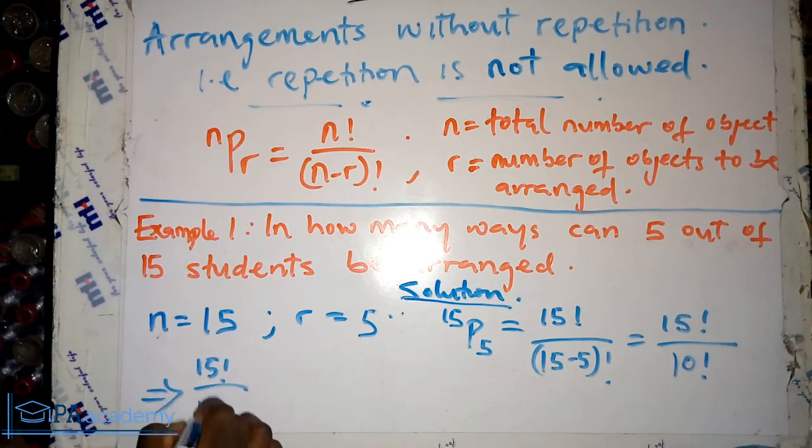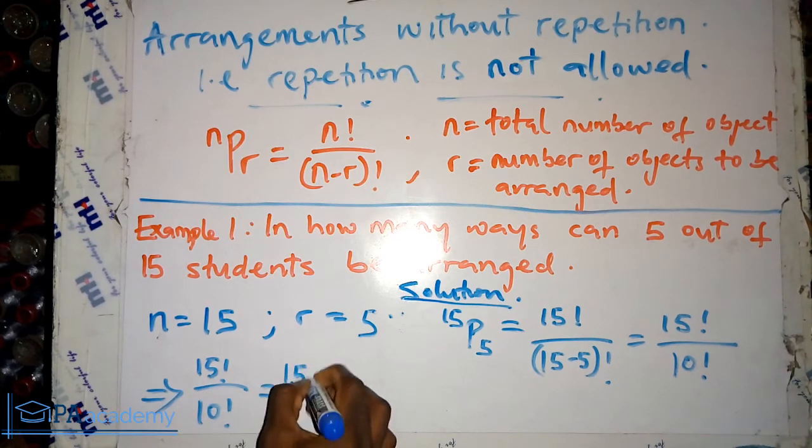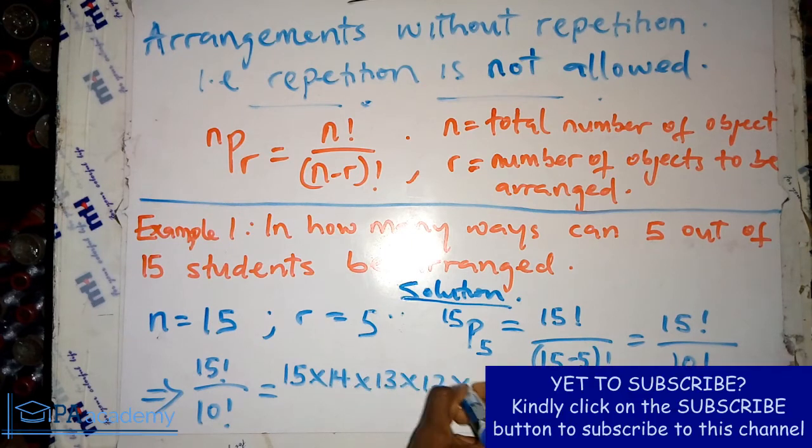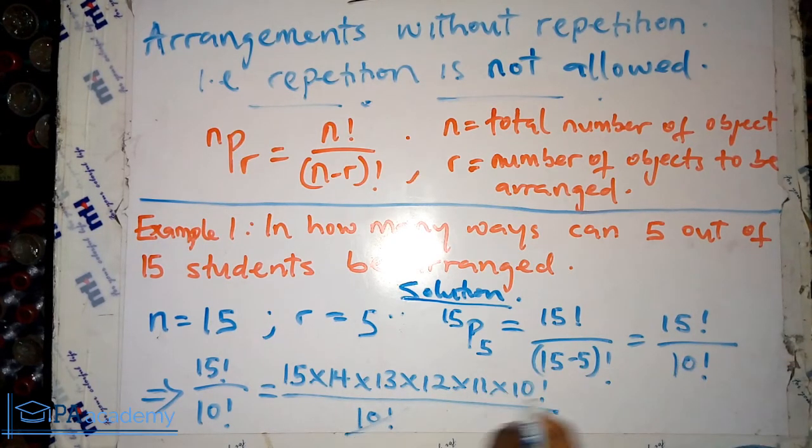15 factorial over 10 factorial will be written as 15 times 14 times 13 times 12 times 11 times 10 factorial. We can stop at 10 factorial because in the denominator we are having 10 factorial, so we can just write this as 10 factorial over 10 factorial, and they can cancel out.